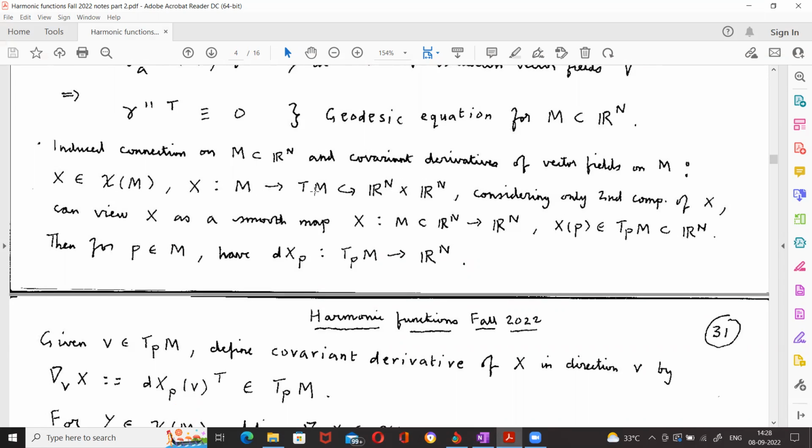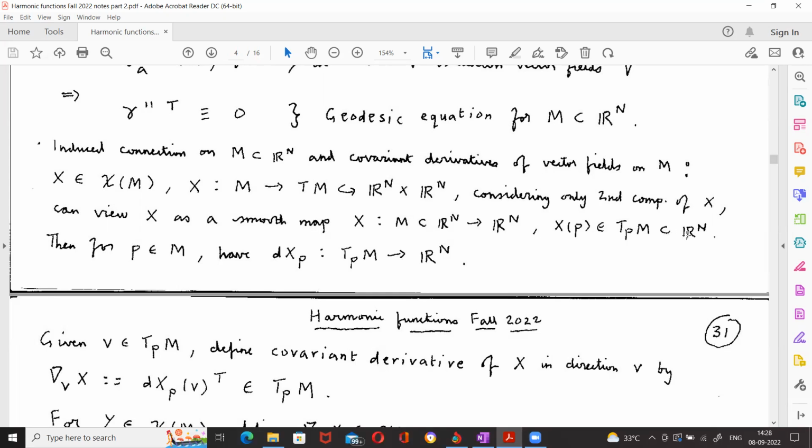If I consider only the second component, which is a vector taking values in Rn, then I can view my vector field as a smooth map from my submanifold M in Rn to Rn, such that X(p) belongs to the tangent space T_pM, which is a subspace of Rn. This is true for all p.